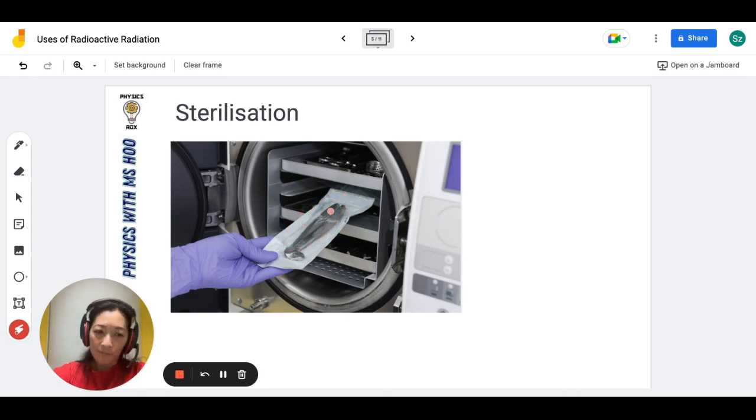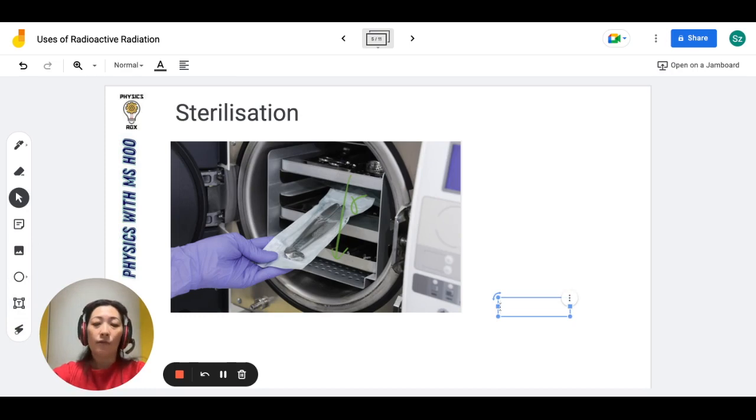So, what they normally do in hospitals is they put all the surgical tools in a sealed container, which they then place into a special machine known as an autoclave, which will release gamma radiation that can penetrate the packaging to kill all the microorganisms that's on the surgical tools. And just like with the tin cans, because this is sealed, no new microorganisms can come in. And that's how we're able to sterilize the surgical tools effectively.